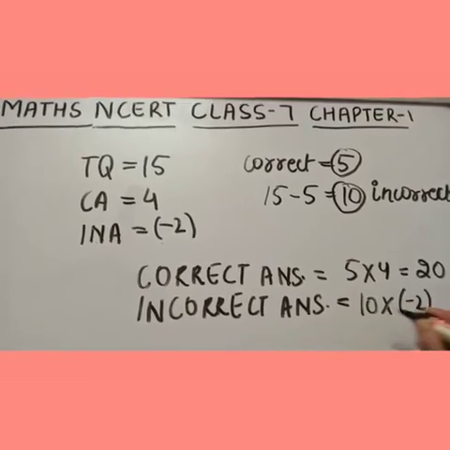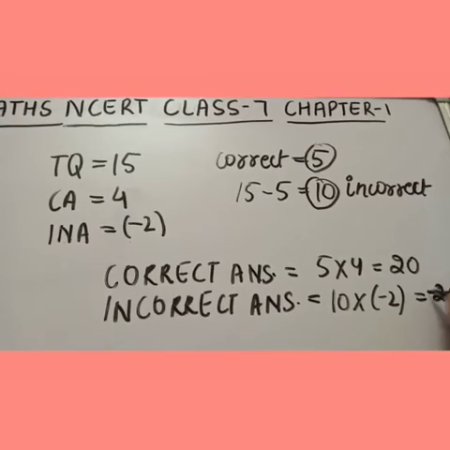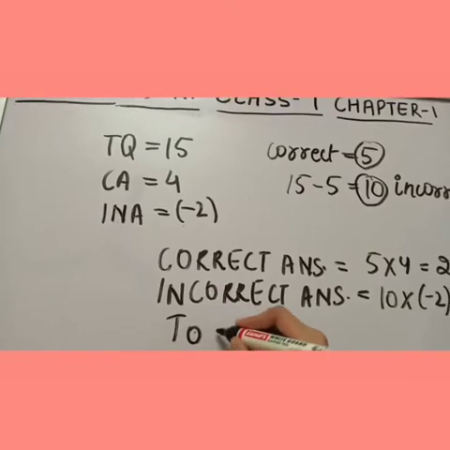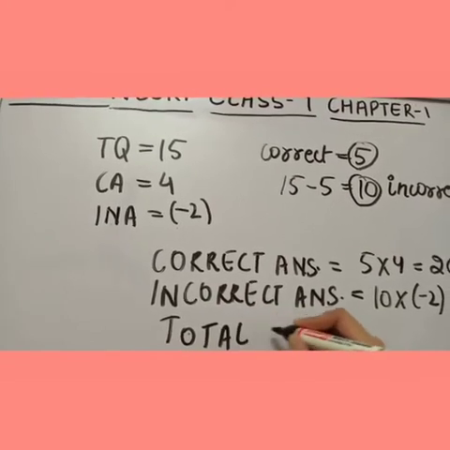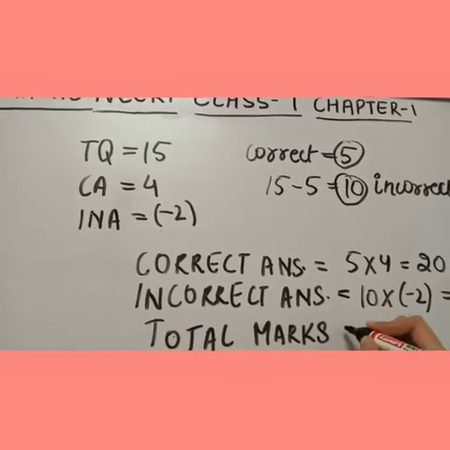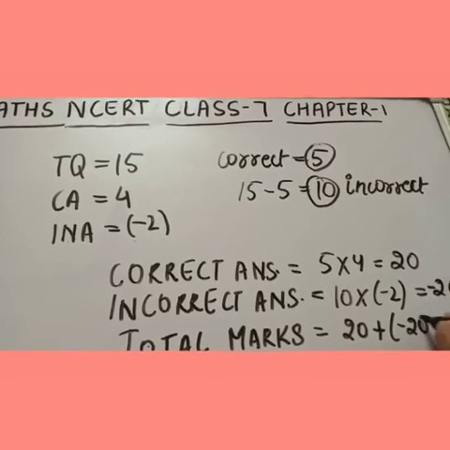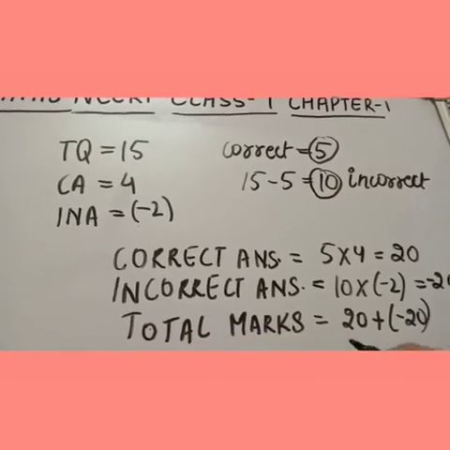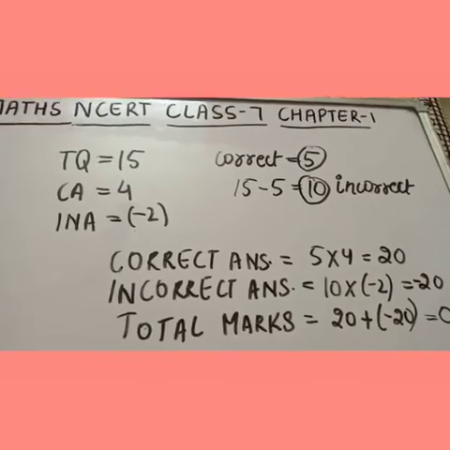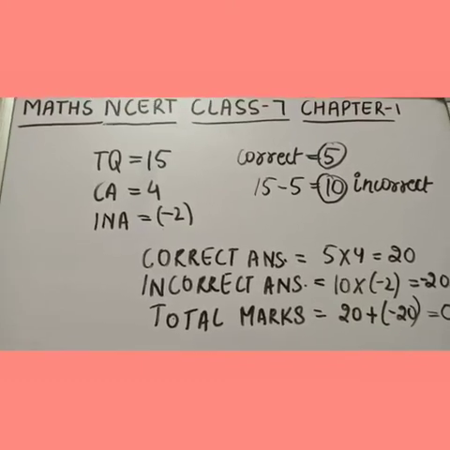That will be 10 into 2 is 20, so minus 20. Then the total marks of Gurpreet's friend. What will be the total marks of Gurpreet's friend? 20 plus minus 20. As you know, when we subtract them, it will come out to be 0.